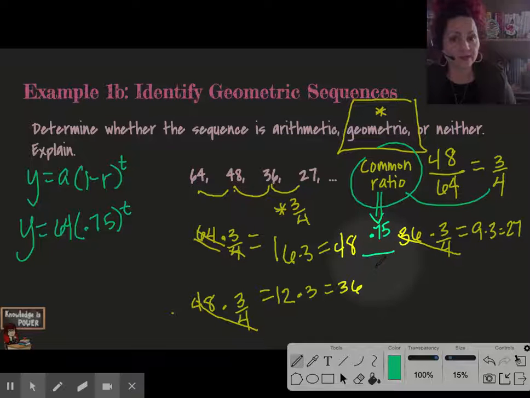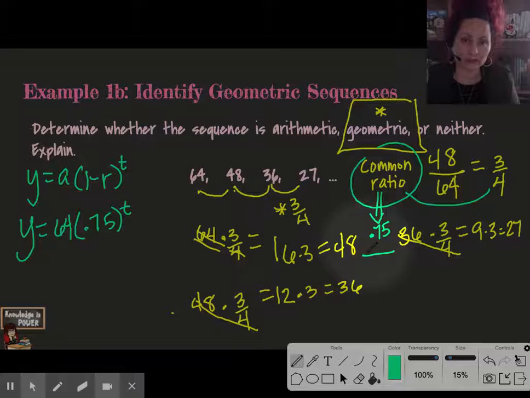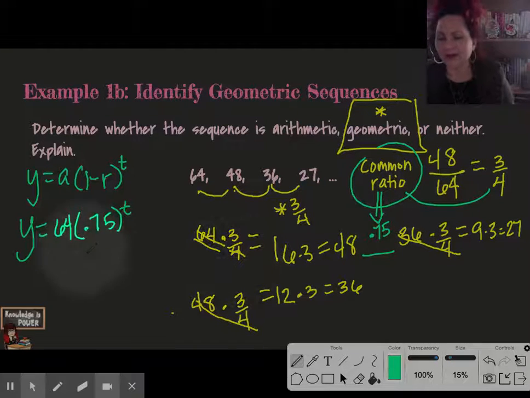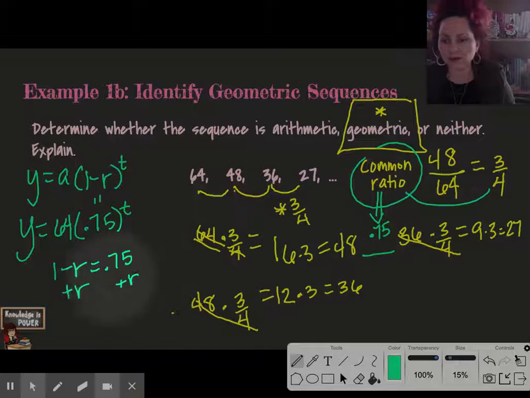Therefore, what if my common ratio is 0.75? What is my rate of decay? If you said 25%, you are a genius. Because these two are equal. 1 minus r is equal to 0.75. Let's go ahead and add r to both sides. These are additive inverses.